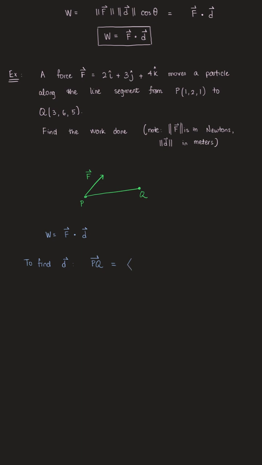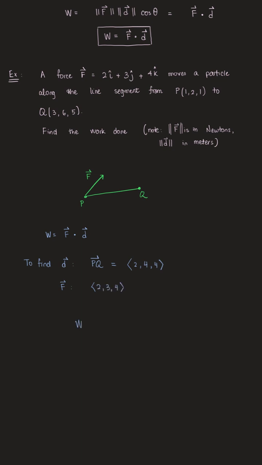Starting with Q, we have 3 minus 1 is 2. The second coordinate, 6 minus 2 is 4. And the third coordinate, 5 minus 1 is 4. So that is our vector PQ, which represents the direction in which we're moving the particle. We also have that our force vector is the vector 2, 3, 4.